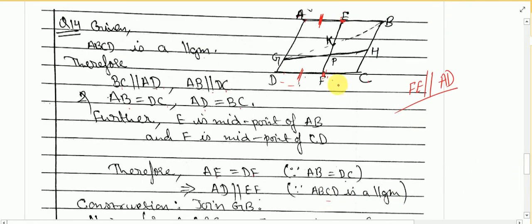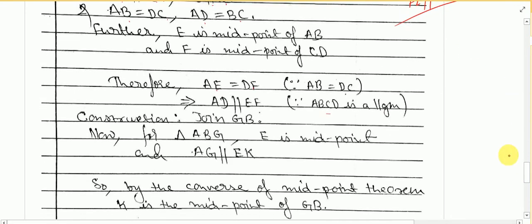Now we are supposed to show that GP is equal to PH. So for that we are doing some construction. And what is the construction? We are joining G and B, and you can see that this is intersecting EF here, so I am naming it as K. So here construction: join GB.